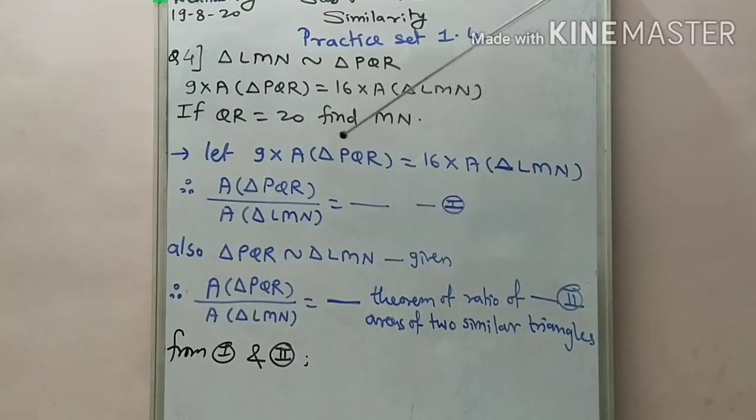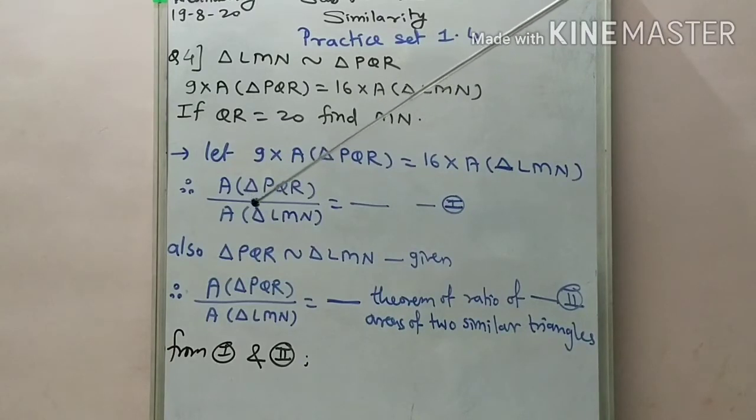Okay, so first what we do here, students, we use that given relation of the areas of the two triangles, 9 into area of triangle PQR equal to 16 into area of triangle LMN, and using this we first find the ratio of areas of these two triangles.